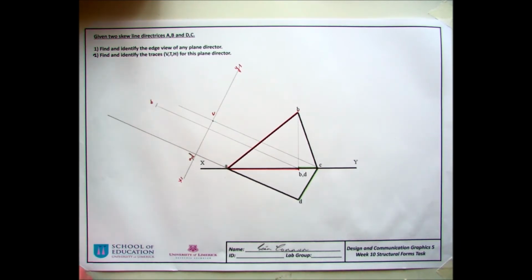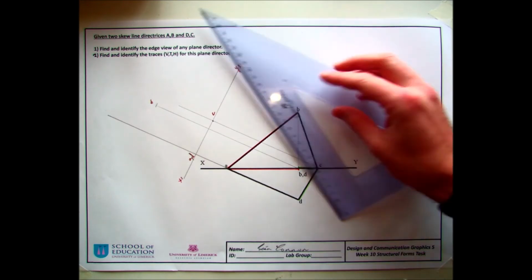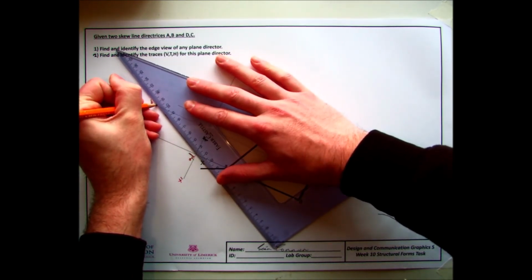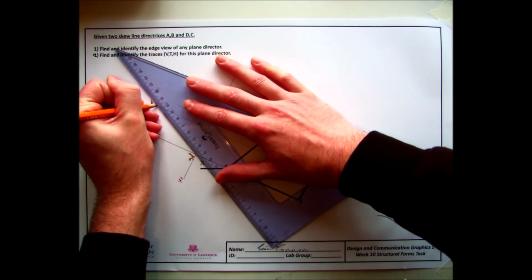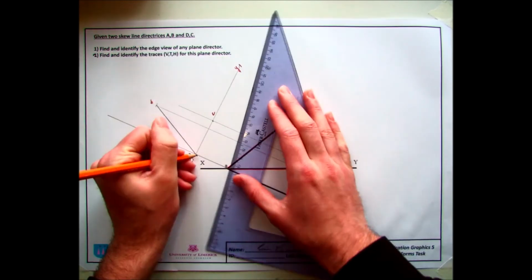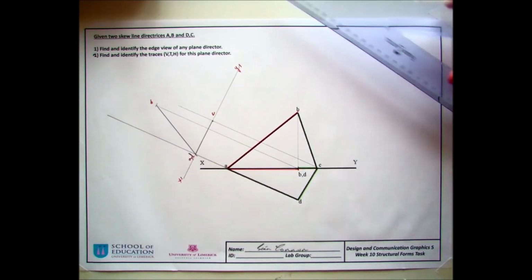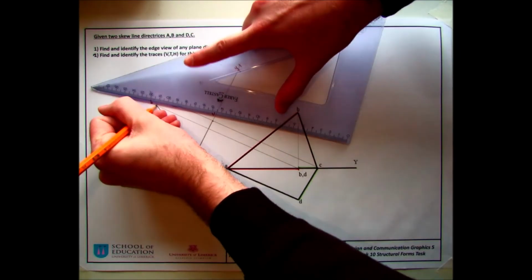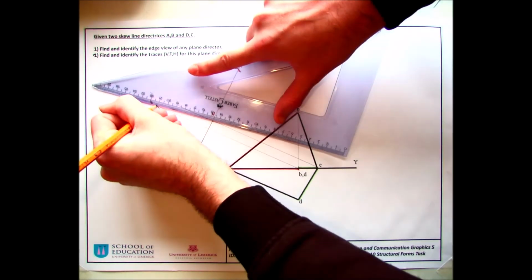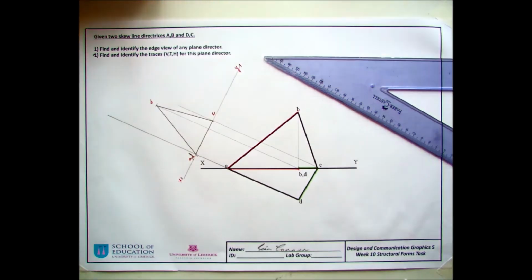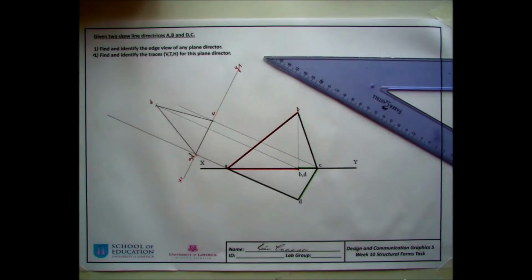Okay, so now what I'm going to do is join up my lines, so I know AB is connected, DC, and B back to C. So what I can do here now is start to develop my plane director.